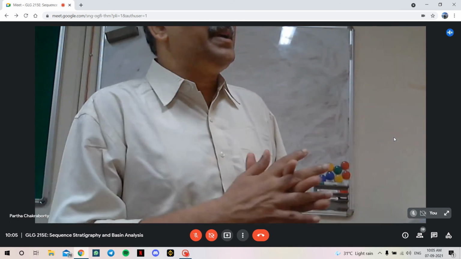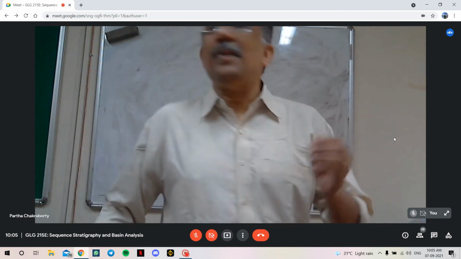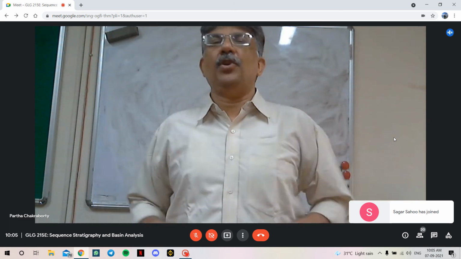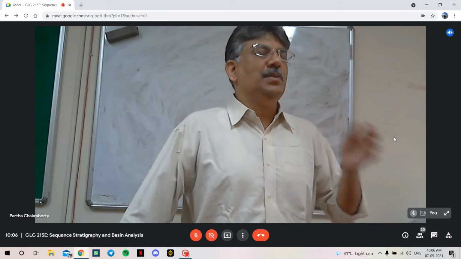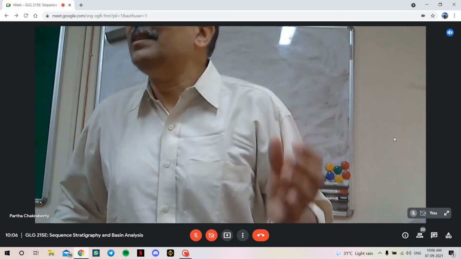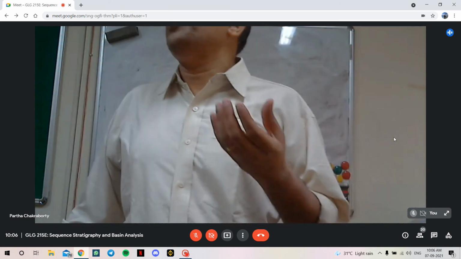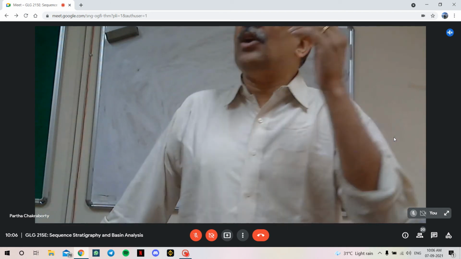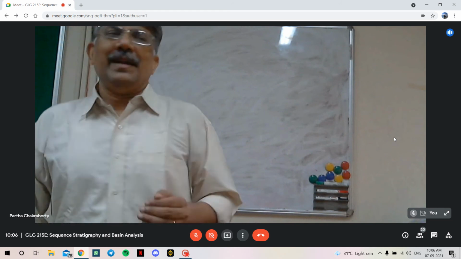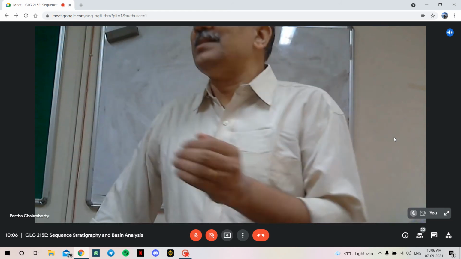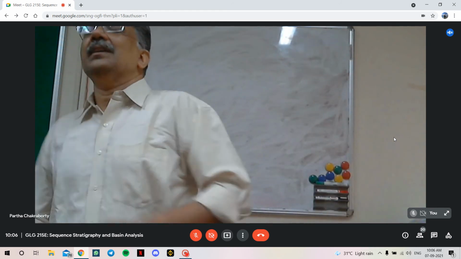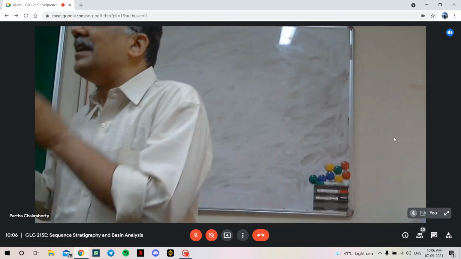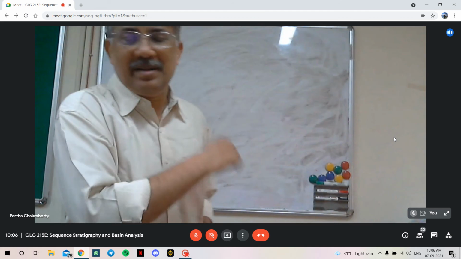The meaning is that if I am working in the proximal part of the basin, if you open the diagram in front of you, somebody working in the proximal part identifies that there is a type 1 unconformity which is incised by a fluvial system, then a natural corollary is that the person will suggest to the company that we should explore the distal part, because a submarine fan can be hidden for us in the distal part.